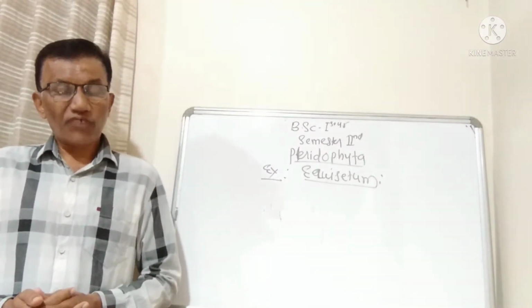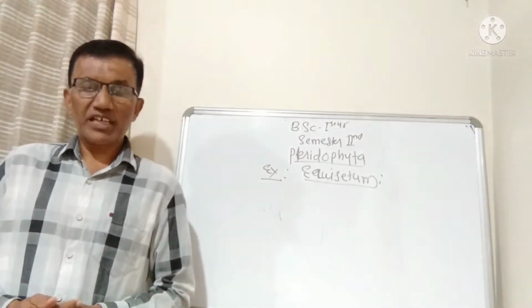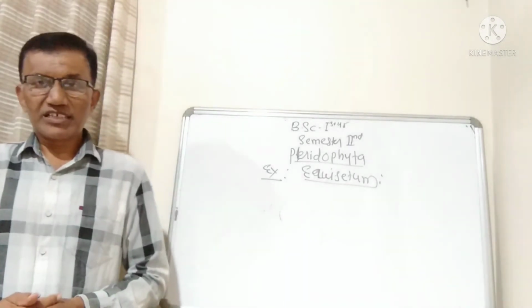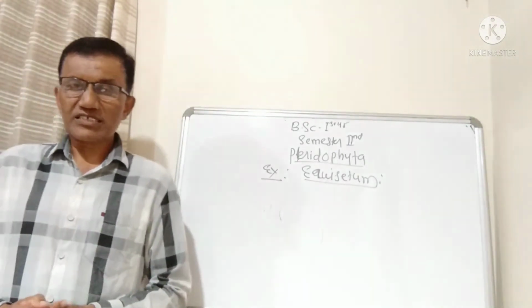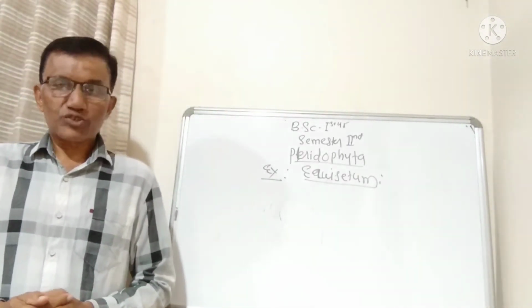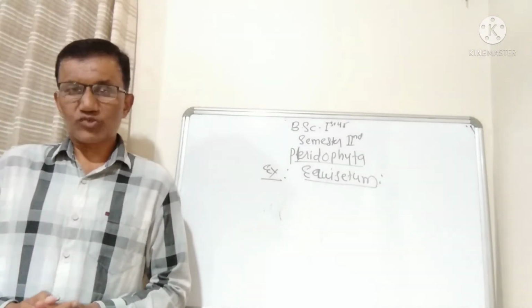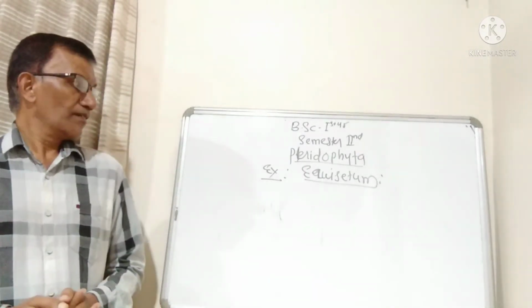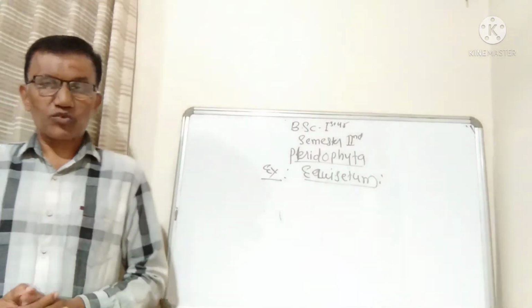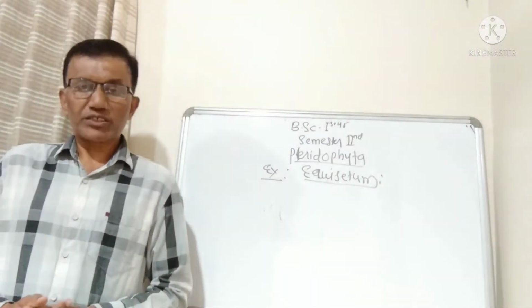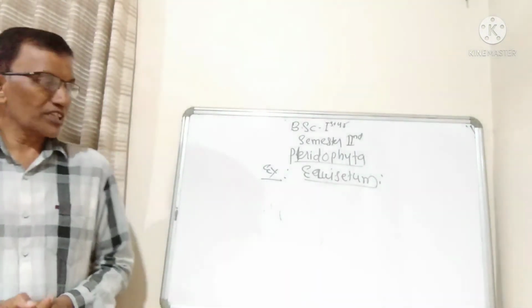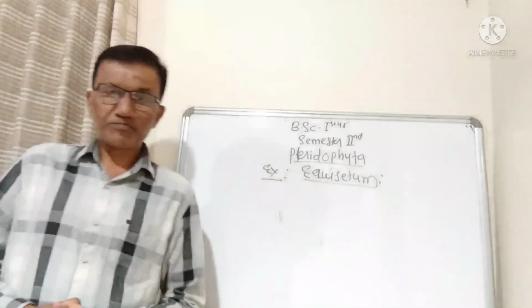And the fertile branches at their terminal end have a specific structure that is known as strobilus or cone. That strobilus or cone is a reproductive body. Therefore, it is known as a fertile branch.